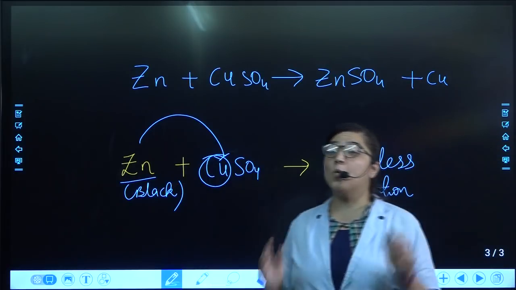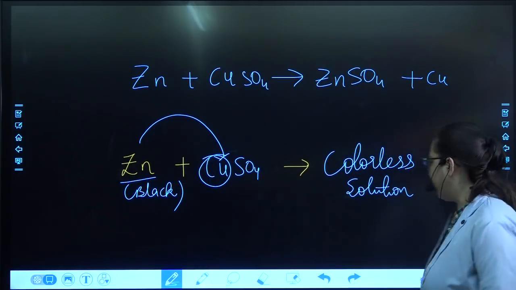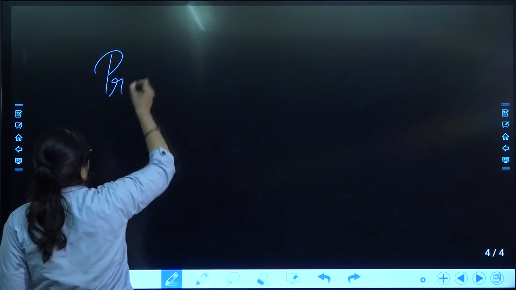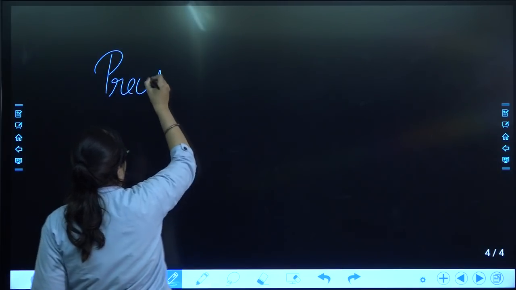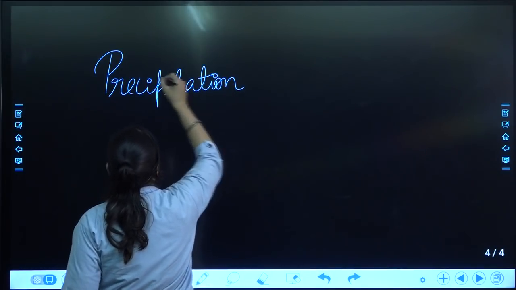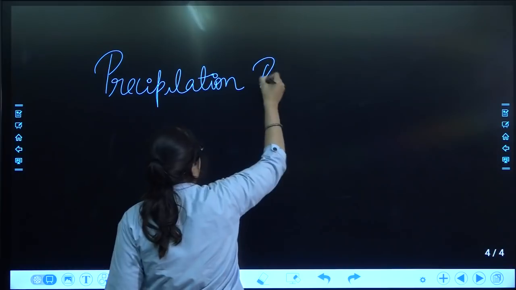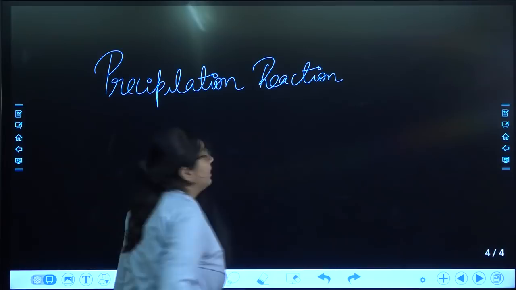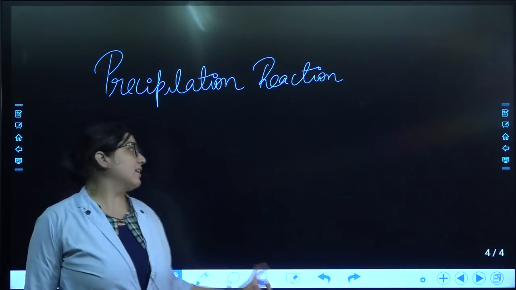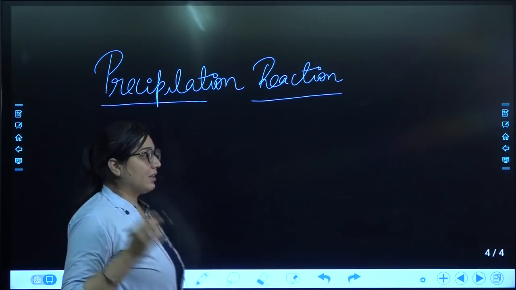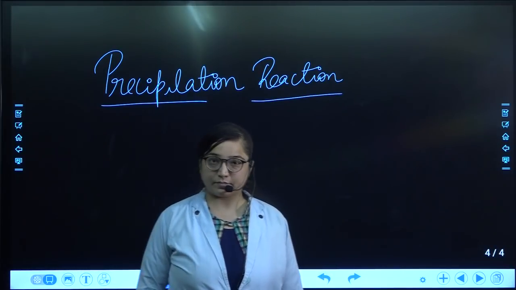Now let's move further. First I am going to explain one new type of reaction, that is precipitation reaction. In class 8 and 9, both the standards, this word precipitation has come up somewhere or the other.